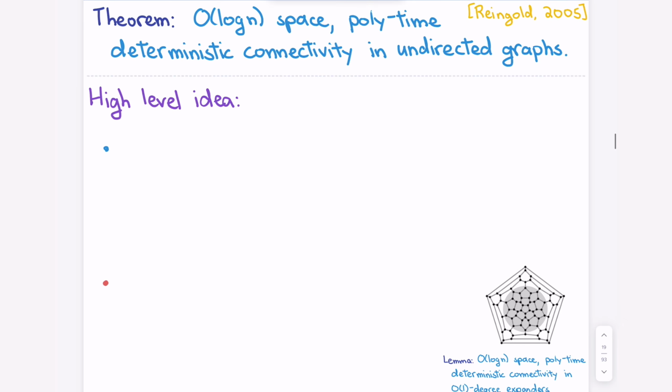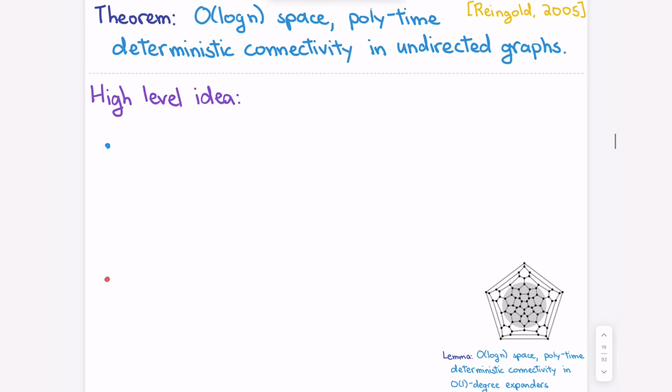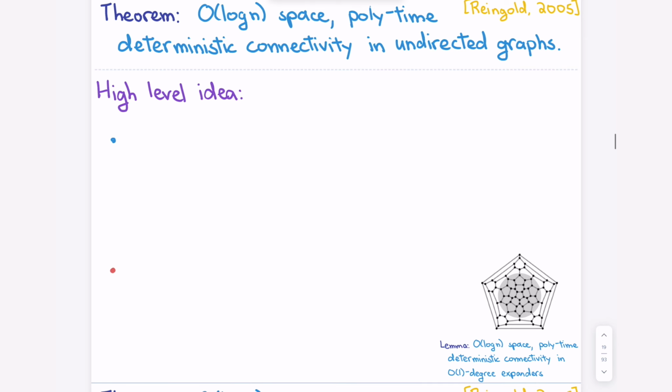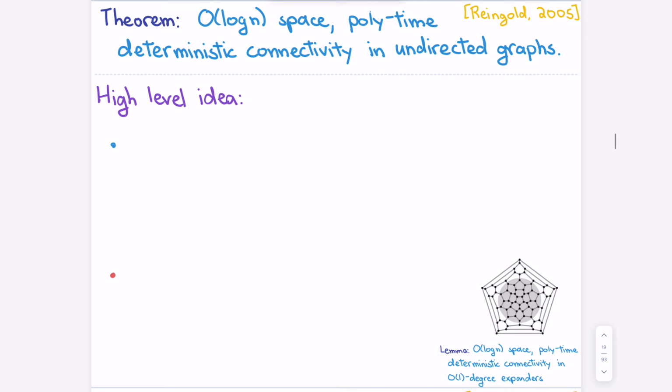So what's the high level idea? Keeping in mind that expanders are kind of easy, things that we can solve, our goal is to take G and turn it into an expander.